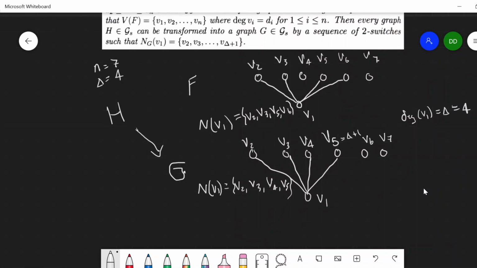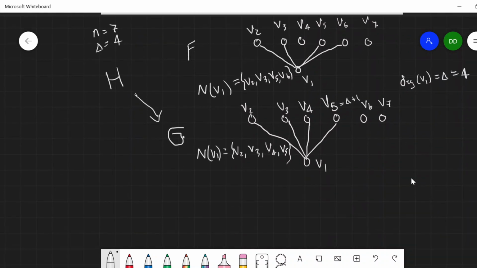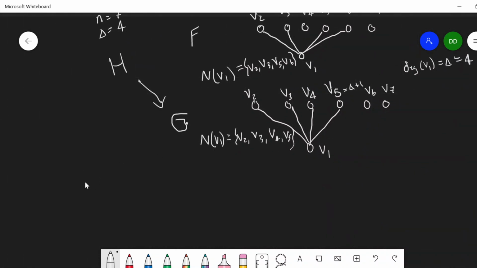This is another proof that's by minimum counterexample. So in general, let's say proof sketch. In general, we want to show that we can do this operation.